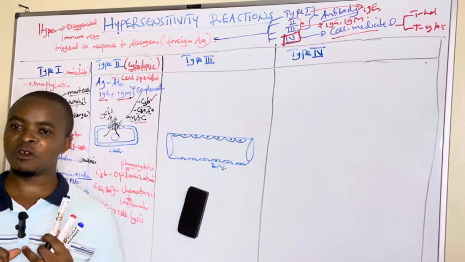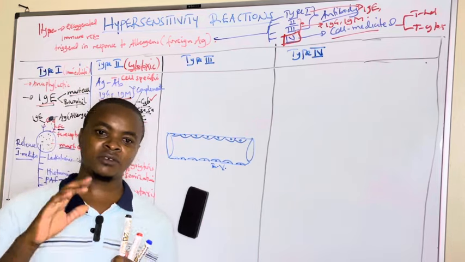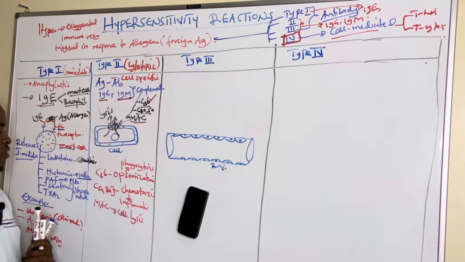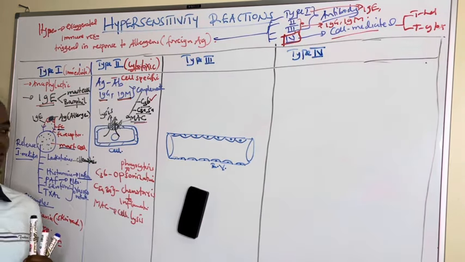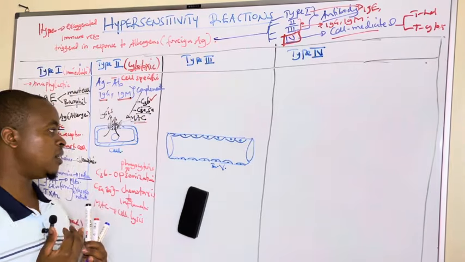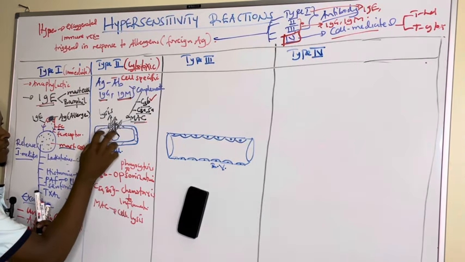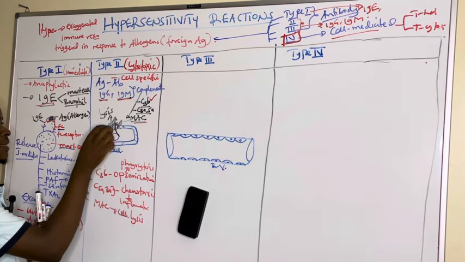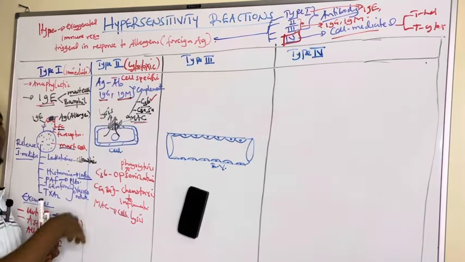We see production of complement 5 and complement 3, which are responsible for inflammation by enhancing chemotaxis, and the MAC that goes on the cell membrane and causes cell lysis by creating pores.